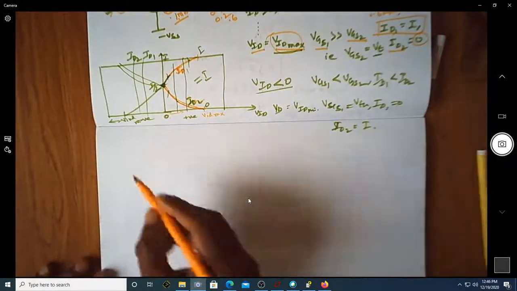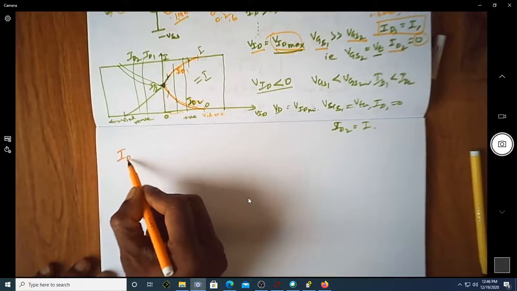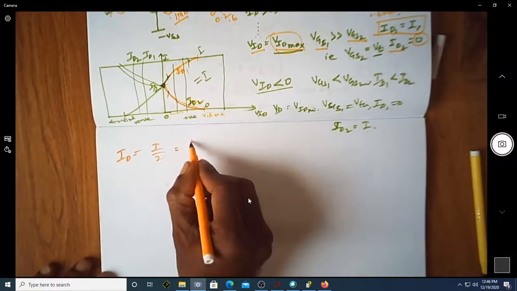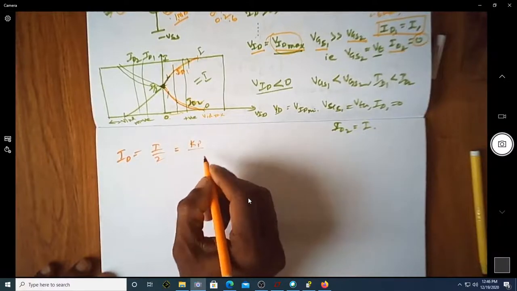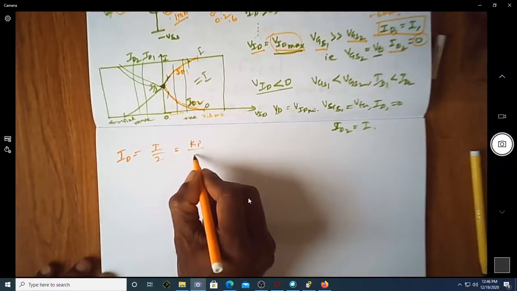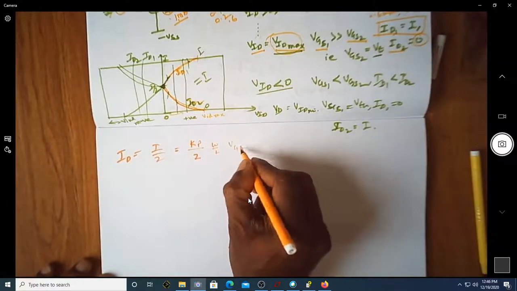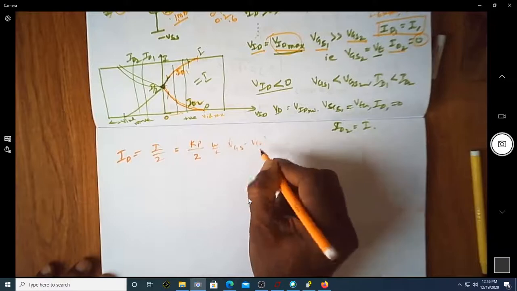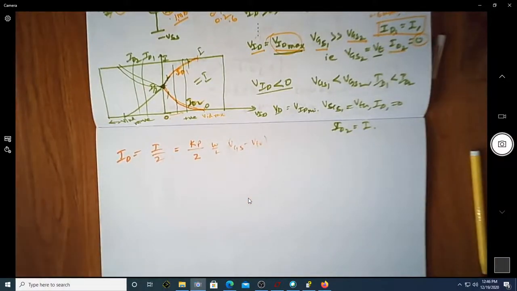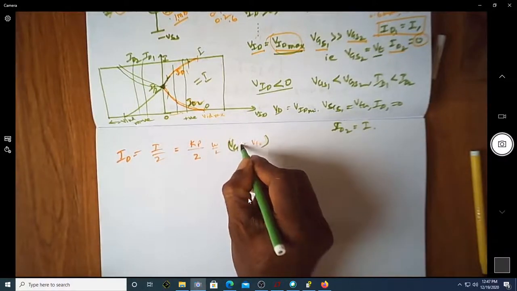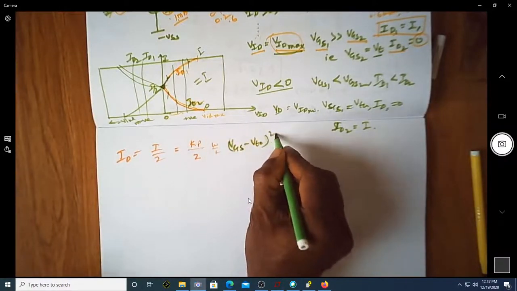So let us consider ID equal to I by 2. We can write again the expression for the drain current as Kp by 2 W by L (VGS minus VTO) whole square.